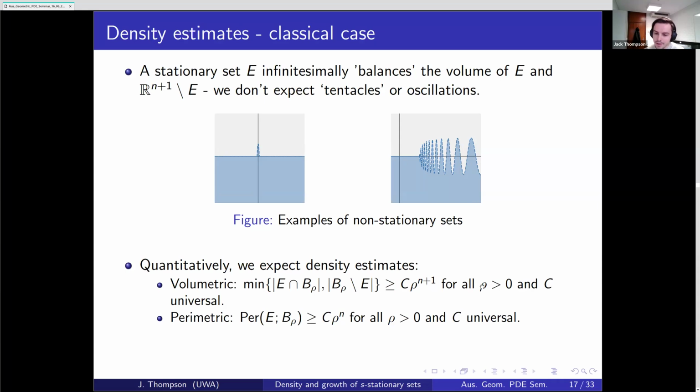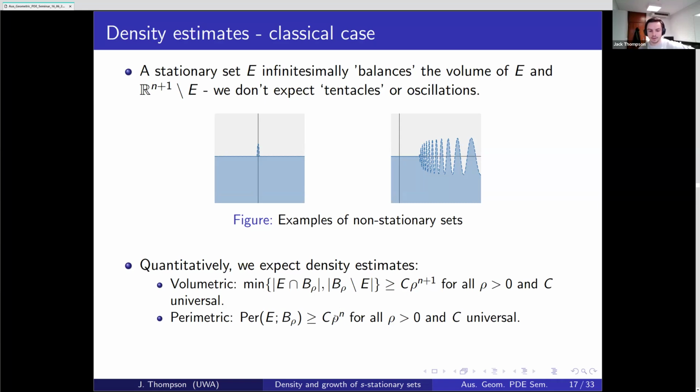Of course, if E is sufficiently regular and I take rho sufficiently small, this holds for any set. But the point is we want it to hold for all rho, and we also don't want c to depend on E. We also have the perimetric density estimate, which is the same idea, except we're looking at the perimeter of E inside B rho, and we want this to be bounded by a constant times rho to the n.